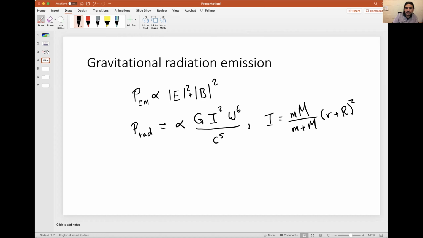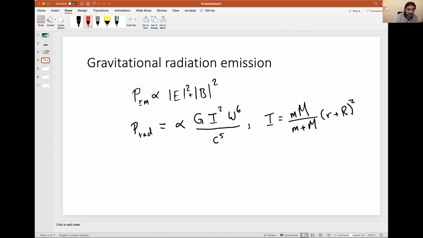Thing to notice: as the two black holes start orbiting each other, they're going to emit radiation, and then this distance is going to get smaller. So their moment of inertia changes too with time. So it's not a constant. All right, questions so far?